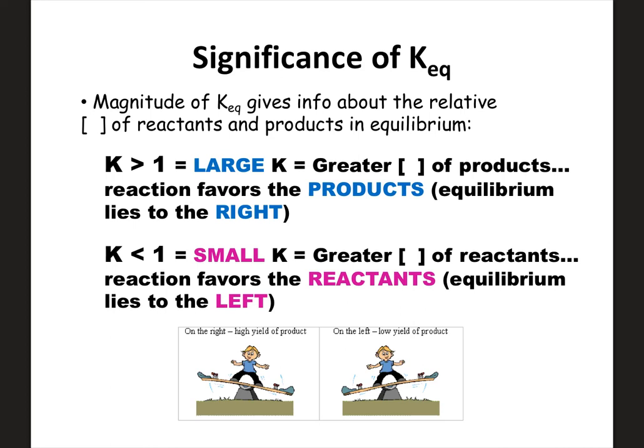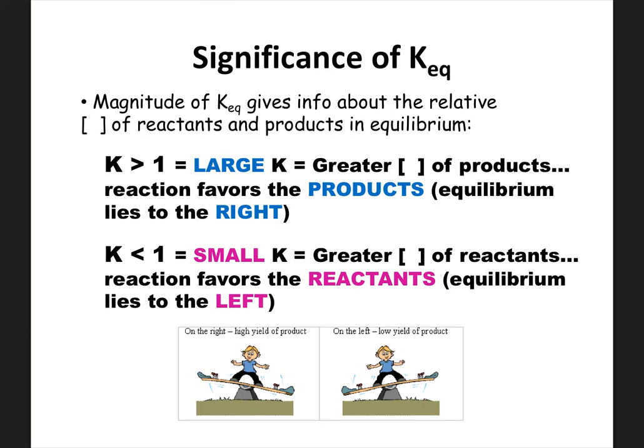You have to think about this in terms of the equilibrium constant expression. Products over reactants, more products on top would give a K greater than 1. So if K is greater than 1, the products are favored. If K is less than 1, or a small K, that means your reactant concentration is going to be greater. The equilibrium lies to the left side and favors the reactants.